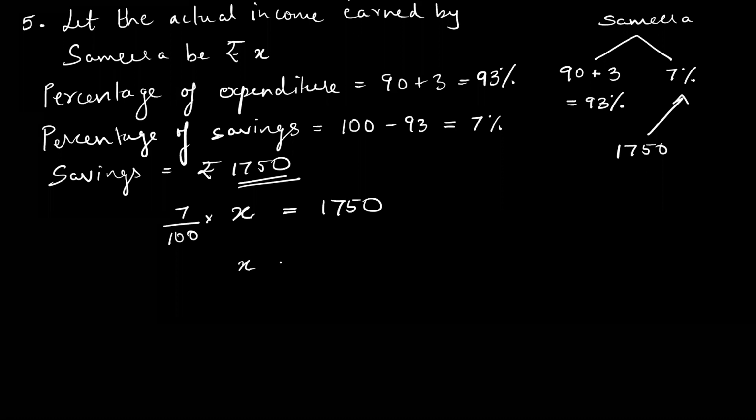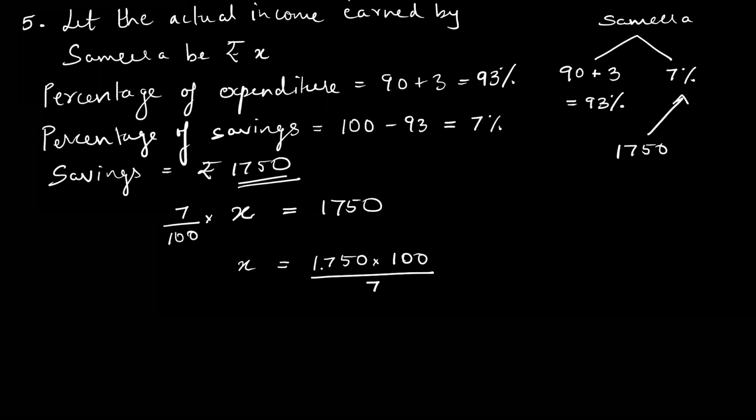Then X is equal to 1750 into 100 upon 7.